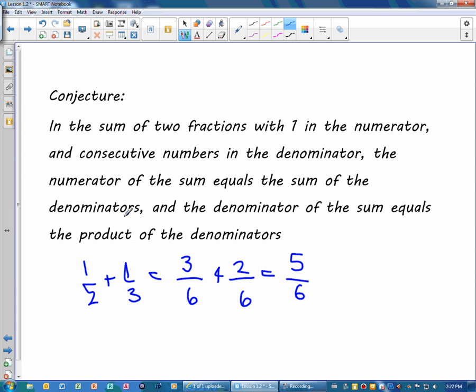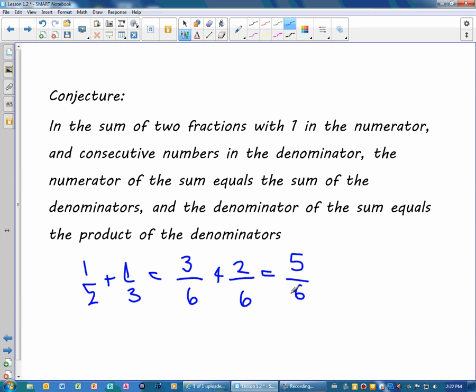So in the sum of 2 fractions with 1 in the numerator, right here, and consecutive numbers in the denominator, 2 and 3, the numerator of the sum equals the sum of the denominators. So 2 plus 3 is 5. And the denominator of the sum equals the product of the denominators. 2 times 3, 6. Okay, so there's my conjecture.